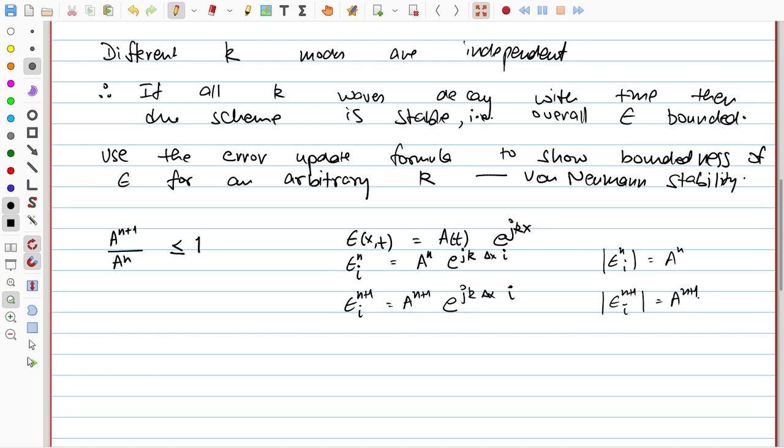The amplitude of e to the power of j k x is 1, right.